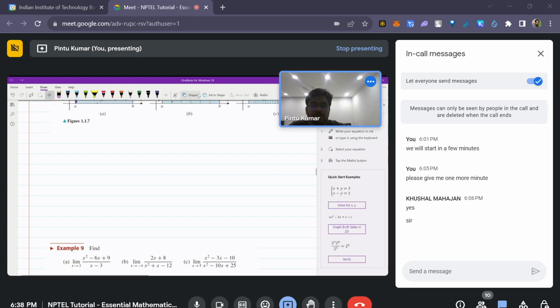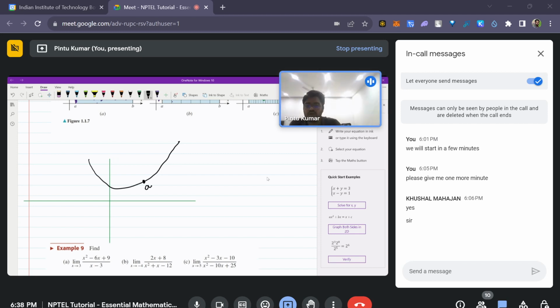Let's say this is some curve, some function, and this is some point A. In a limit, you are not interested in the value of the function at point A. What you want to see is, if I am very close to A, from here to here, this green thing that I drew, what is the value of the function?